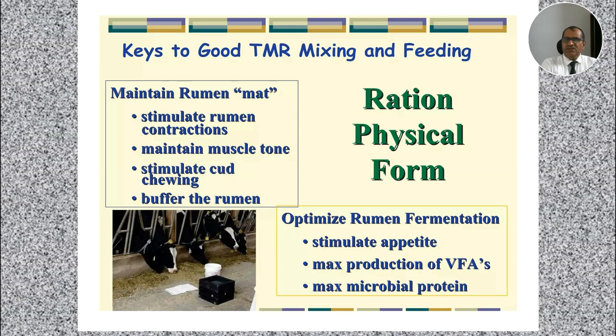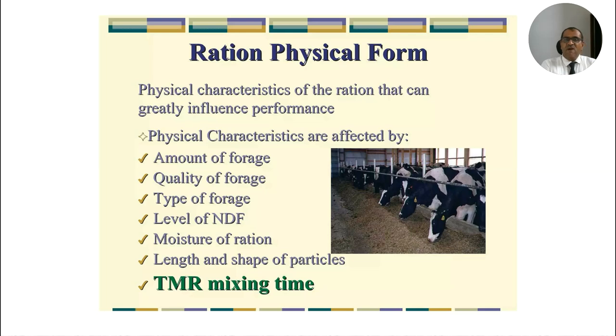So these are the keys for making total mixed ration and feeding it to the cattle. Then the physical form, the physical characteristics of the ration, can greatly influence performance. They are affected by the total amount of forage in the total mixed ration, the type of forage, the low level of non-degradable fibers (NDF), the moisture of the ration, and the length and shape of the particles.